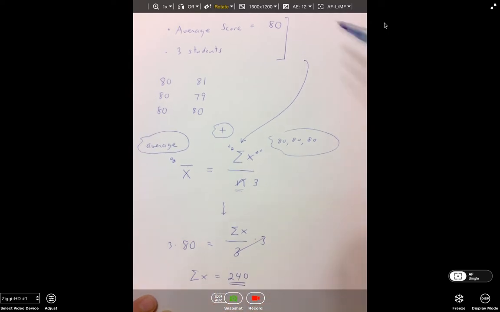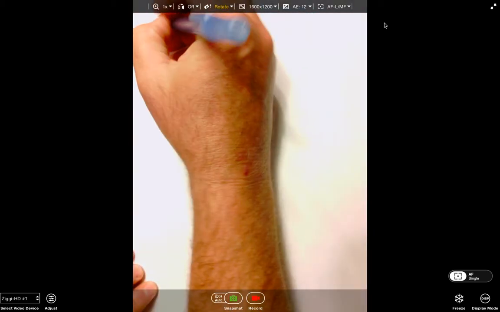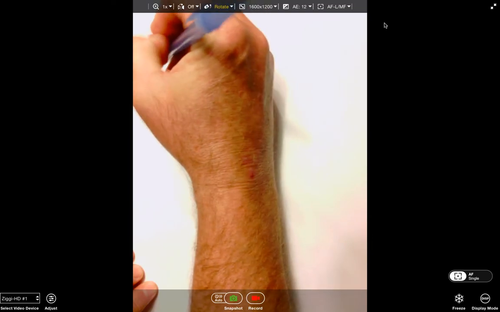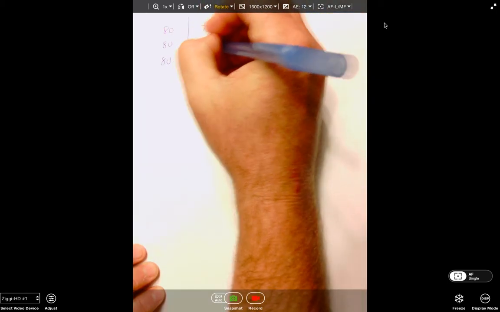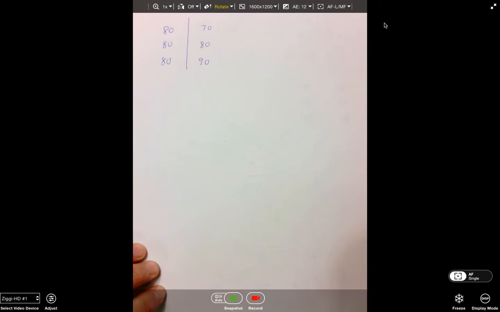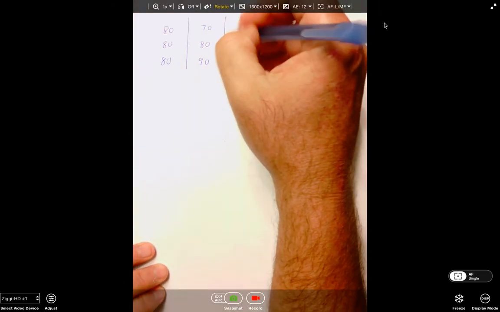So guys, when we say that we have an average score of 80 over 3 students, the one thing that we can say for sure, without question, without hesitation, is that the sum of the scores had to be equal to 240. Now, if you think about it, there's a lot of ways that we can create scores of 240 with 3 scores. Just as I showed you before, we could do 80, 80, and 80, right? That's one possibility. We could do 70, 80, and 90. Those add up to 240 as well.